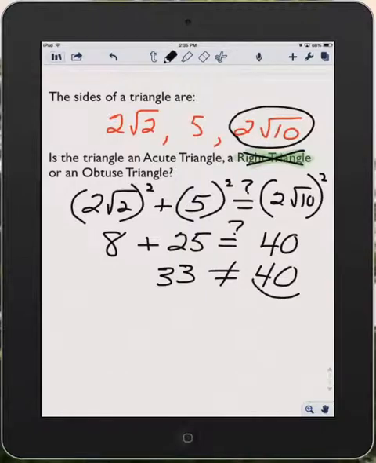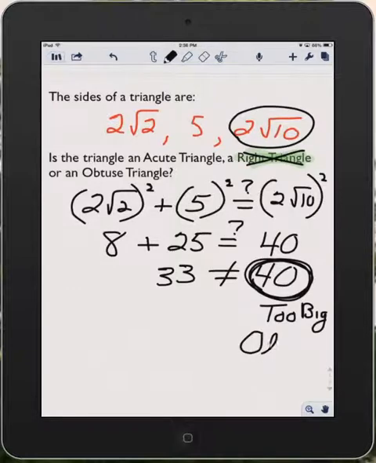So you look at the square of the longest side, which is on the right-hand side of this inequality. That means 40 is larger than 33, because the square of the longest side was too big to have been the square of a hypotenuse for legs of length 2 square root of 2 and 5. This is too big on the right-hand side. Too big means it is an obtuse triangle.